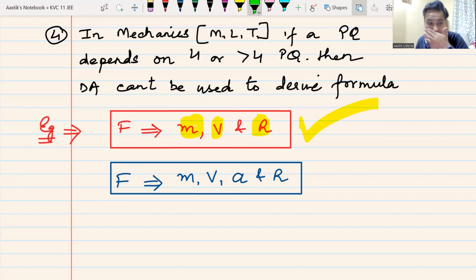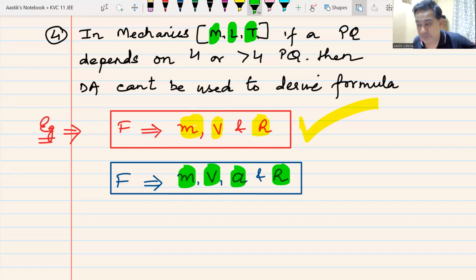From these four quantities, I will only get three equations: one for M, one for L, and one for T. But there are four quantities, and therefore I cannot use dimensional analysis to find out the relation in this case.